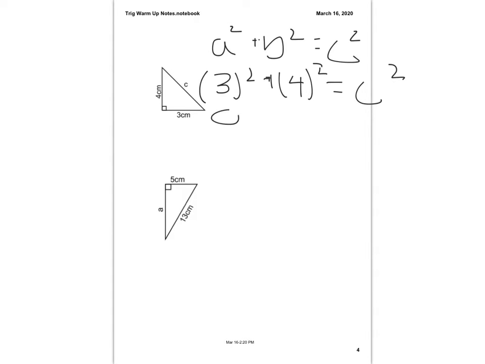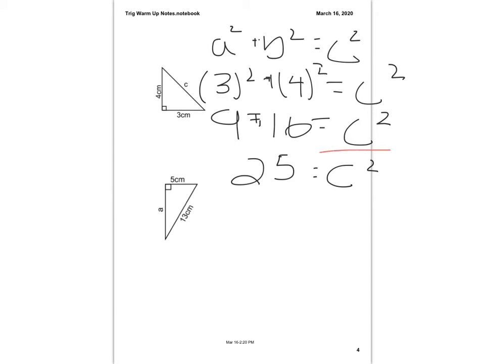Square each one. We get 9 and 16, again equals still C squared. 9 plus 16 will be 25. And then your last step, do not divide this by 2. The opposite of squaring a value is to find the square root.